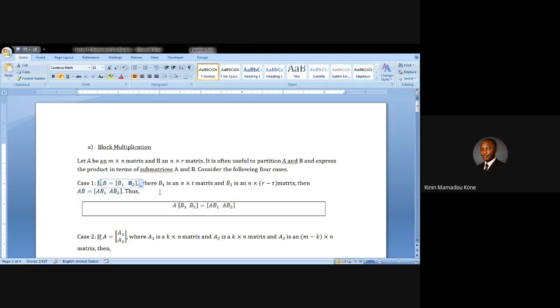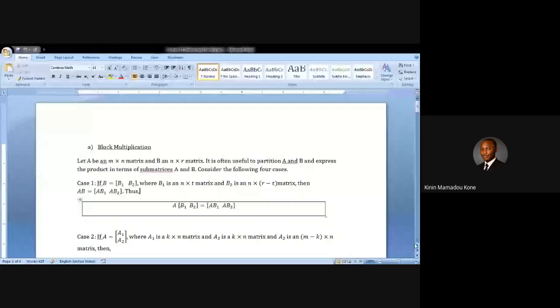Then the product A times B, A being M by N, is as if you were distributing A to the matrix B. That gives you A times B1 and then A times B2. Thus, A multiplied by the block B1, B2 equals A times block number 1 and A times block number 2 in the second big column.